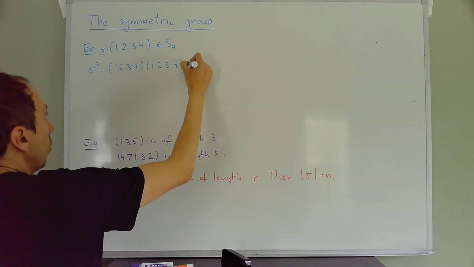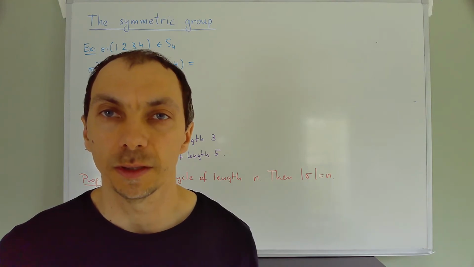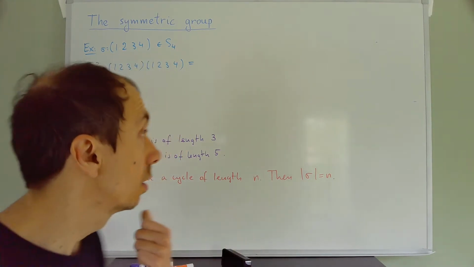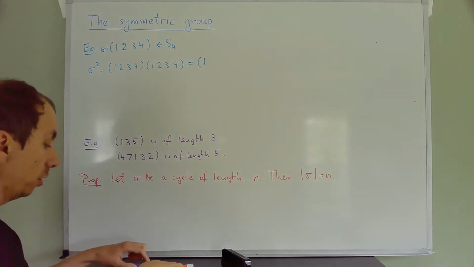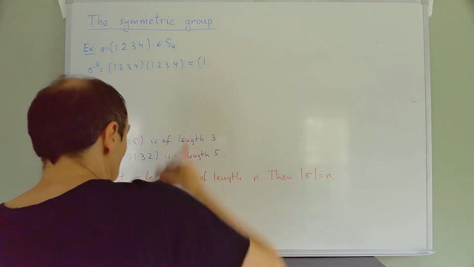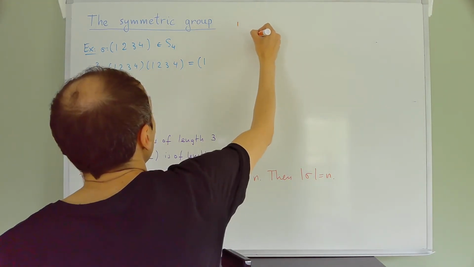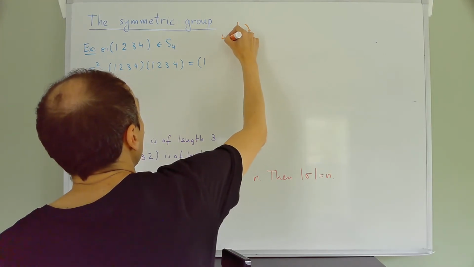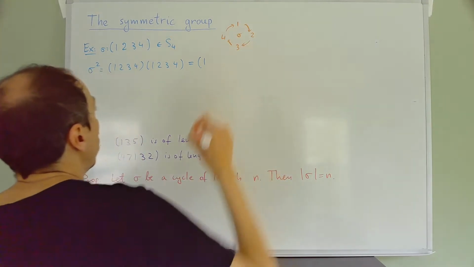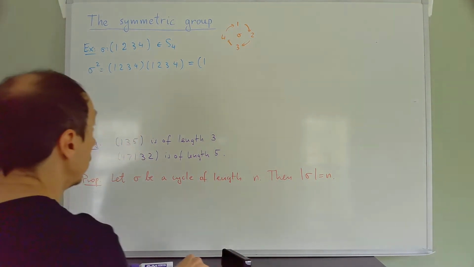All right, and now it's not only important to actually do the calculation and see what we get, but to methodically see how this works. So I start with 1. Here I'm going to write this diagram next to the first cycle. So it's 1, 2, 3, 4, right? And you go like this. This is sigma. And now I want to know what happens to sigma squared. So that's going to be in blue.